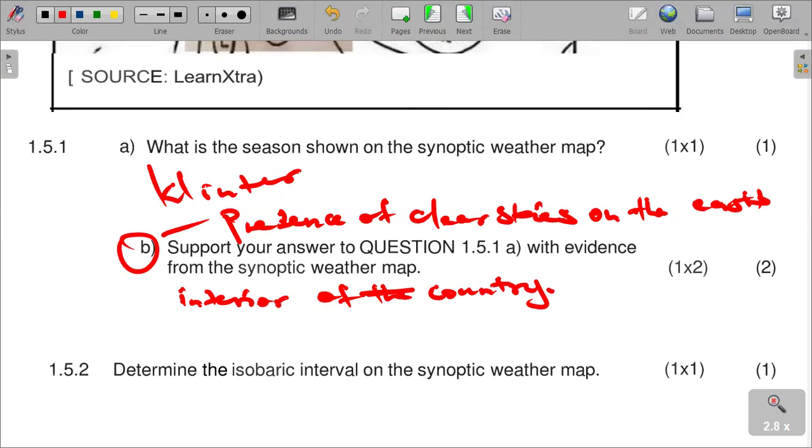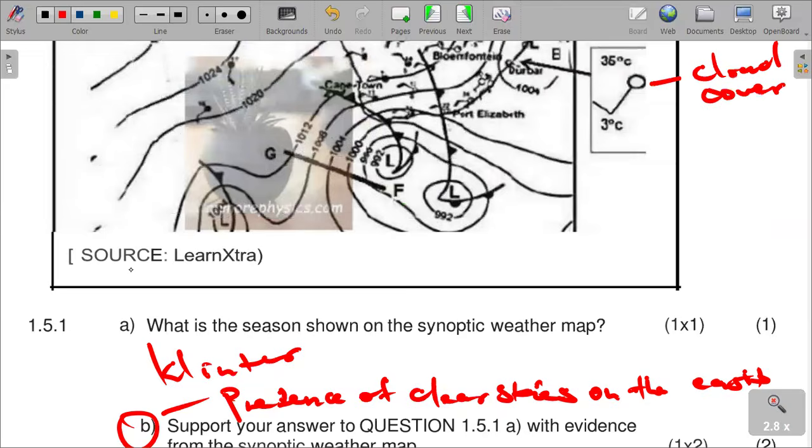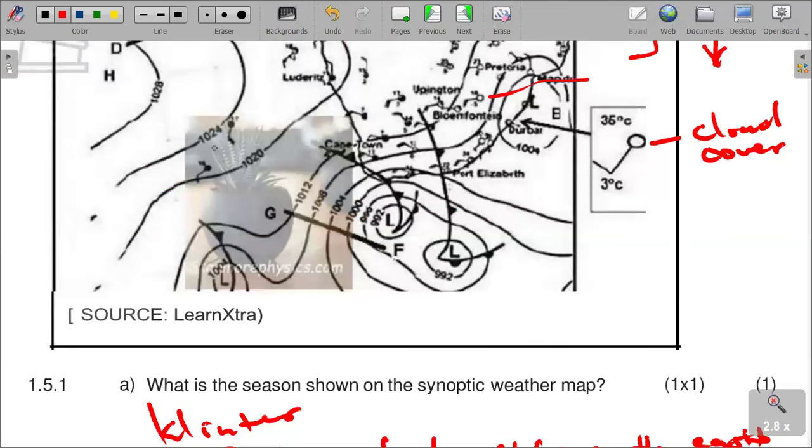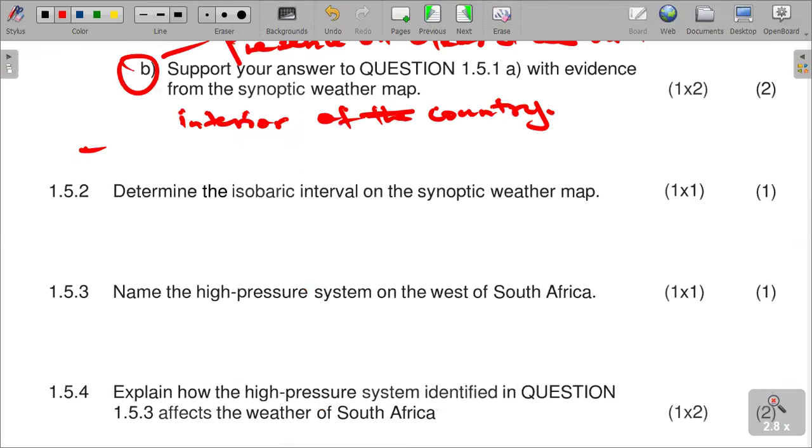And then we also have the presence of, if you look on the map again, the cold front that is there. We are seeing the cold front there. The presence of the cold front in the interior of the country also indicates that it's winter.